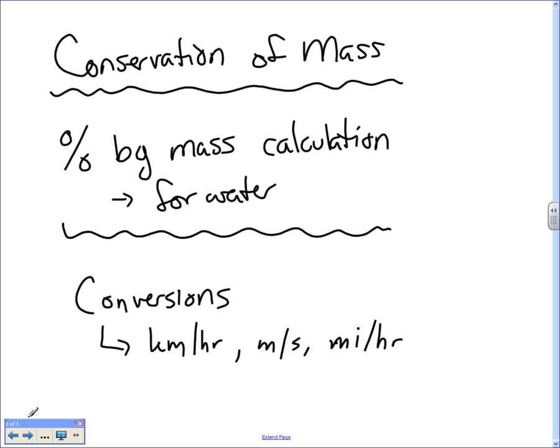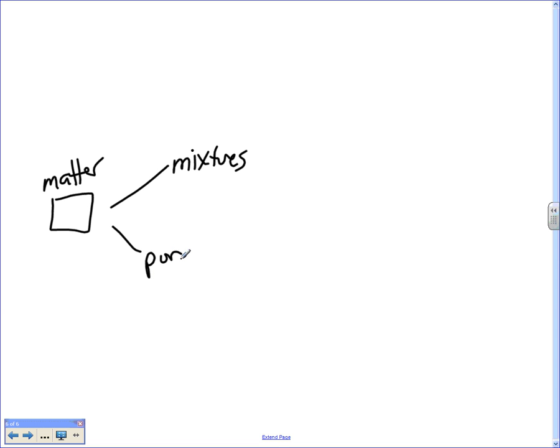One last thing that I do want you to know for the test would be the chart that deals with matter. Okay, and I told you when we discussed it, it would probably be on there, where matter is broken down into mixtures and pure substances. And then pure substances are broken down into elements and compounds.